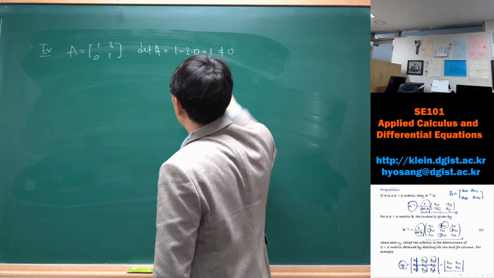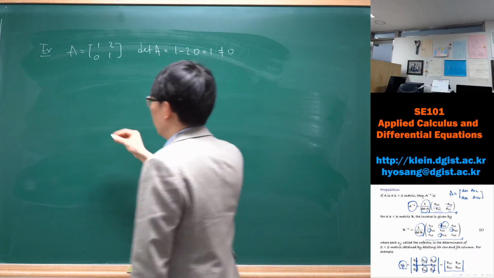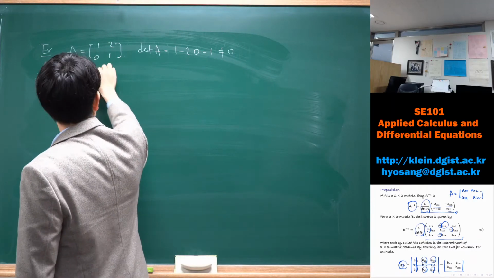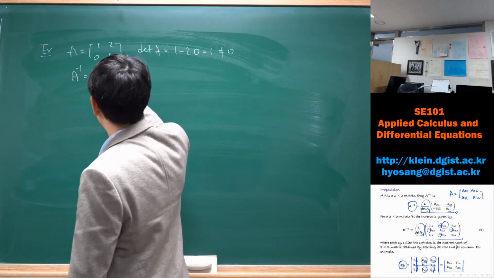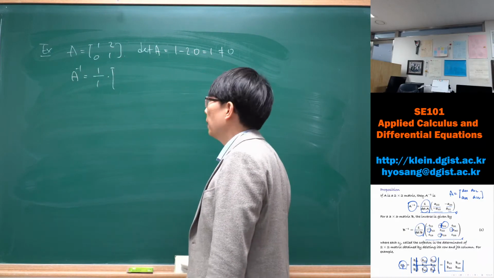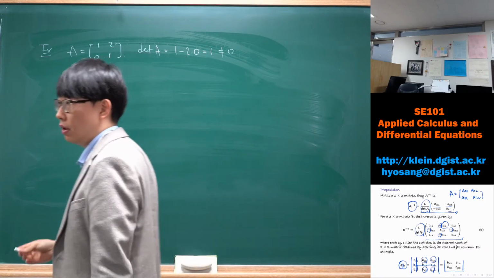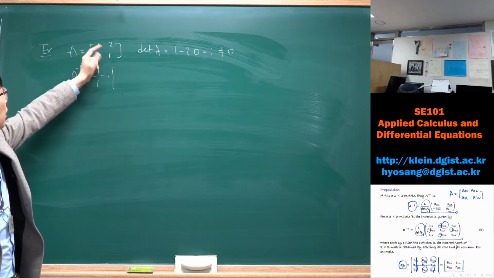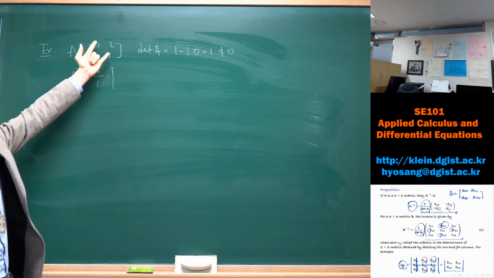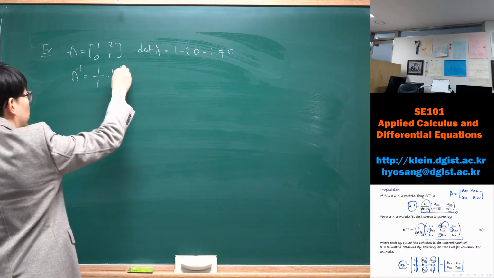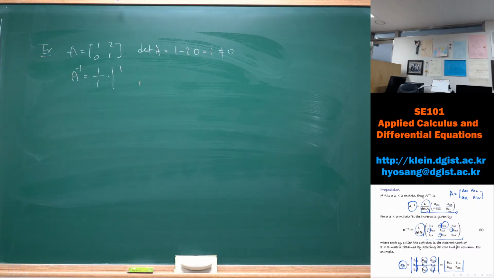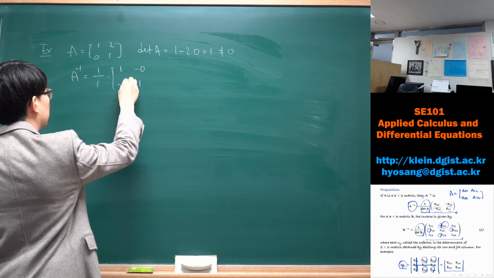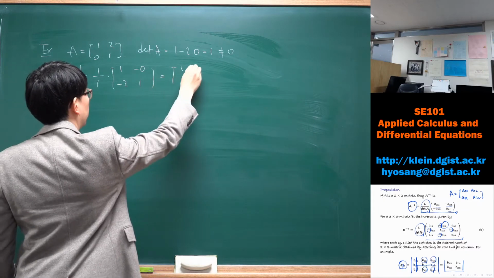So it's not 0, and we can find an inverse. The inverse is 1 over the determinant, 1 over 1, times what? See the formula here? You take the diagonal entries and switch them. It's the same entry, so it's 1, 1 again. And the other two are switched, but with a negative sign. So negative 0 and negative 2. So this is 1, 0, minus 2, 1.